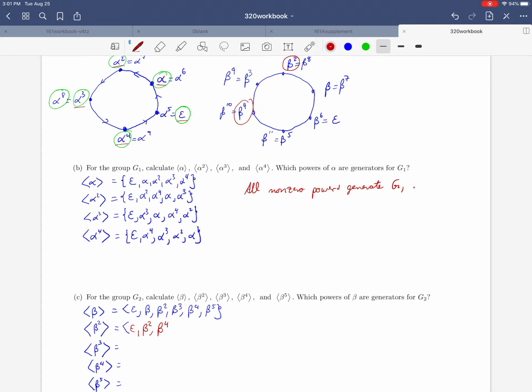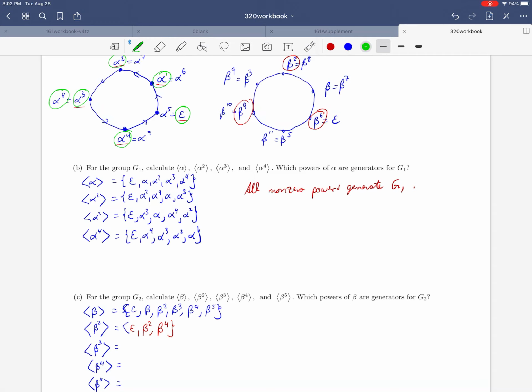And then what do I pick up? I skip beta to the 5th, and I get beta to the 6th, which is just the identity again. And then the next one would be beta to the 8th, which is beta squared. So I'm not getting everything. I'm just getting the identity, beta squared and beta to the fourth.